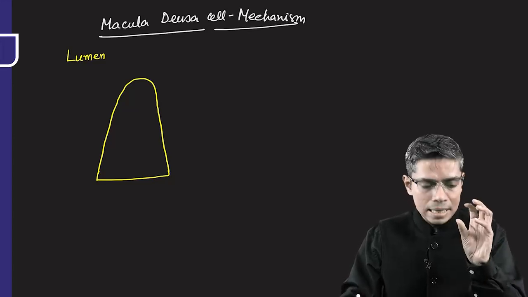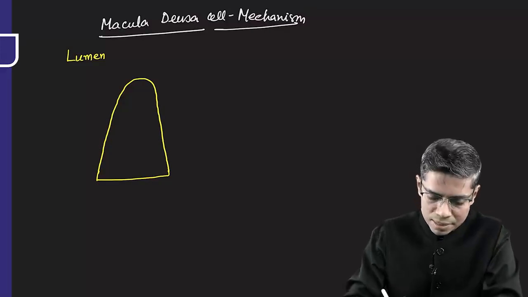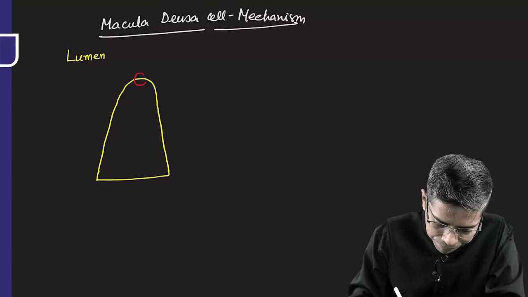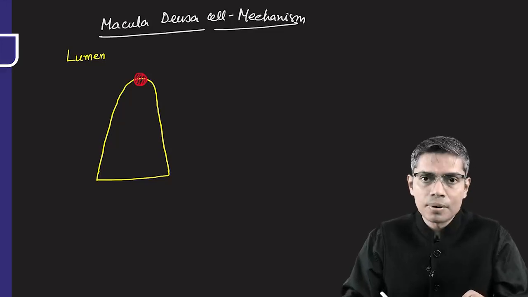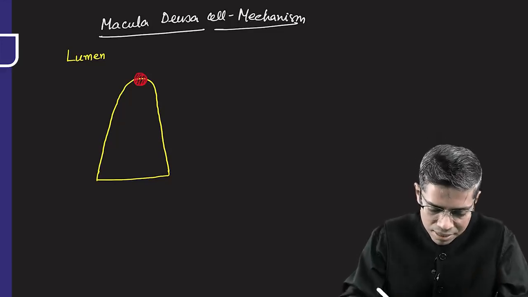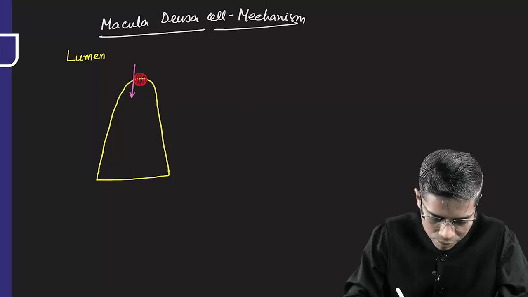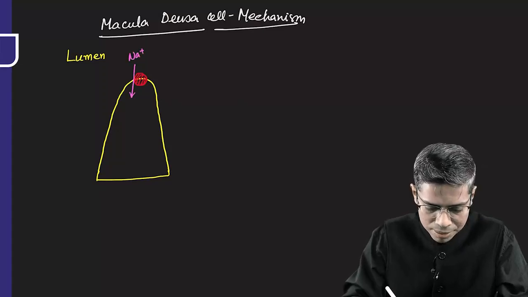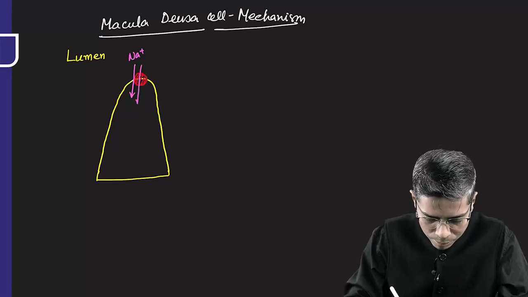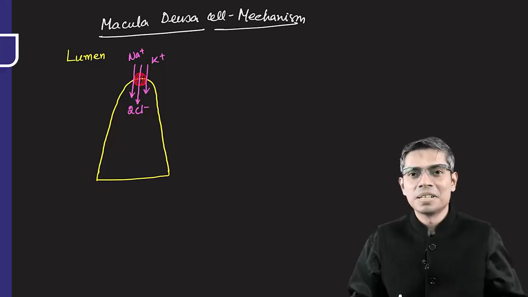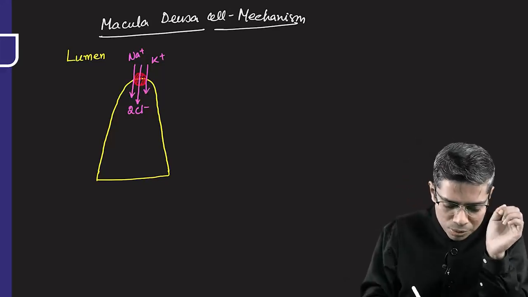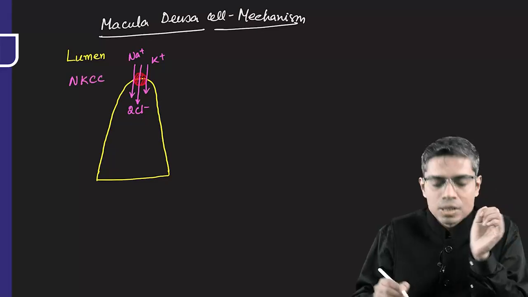At the apical-most portion of this macula densa cell, there is a transporter, and this transporter is dedicated to the absorption of 3 different electrolytes: 1 molecule of sodium, 1 molecule of potassium, and 2 molecules of chloride. What is this transporter? This is the famous transporter known as the NKCC, sodium potassium 2 chloride transporter.